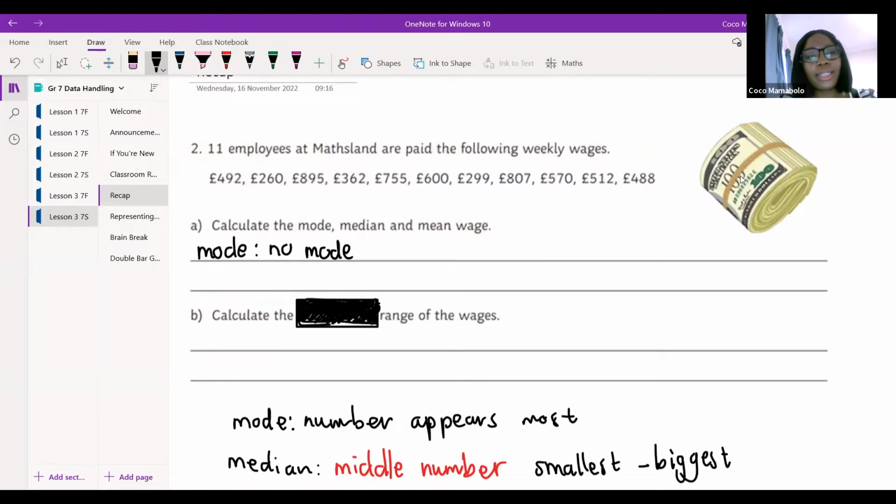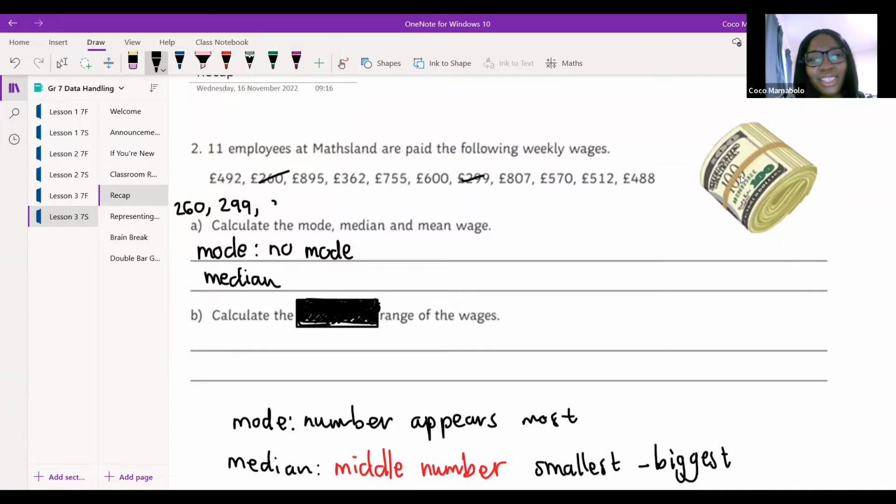Now we have to look for the median. Remember, guys, in order for us to find the median, we first have to arrange these in order. So I'm going to start with 260. And then after 260, what do we have, guys? 299.